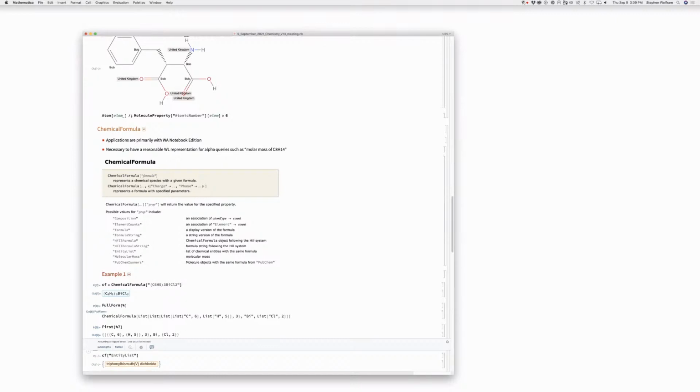What is the Hill formula? Carbon first, then hydrogen, and then alphabetically the remaining atoms, with no atoms included more than once. Okay, so it's just an inventory. It's the thing that we were talking about before. Correct. Essentially just an association of counts.